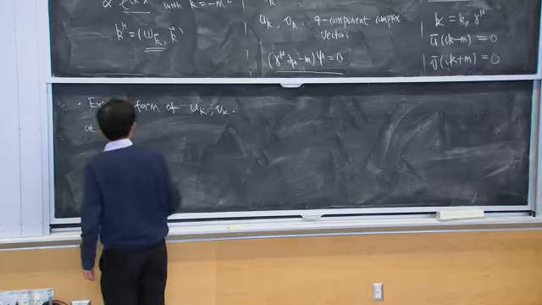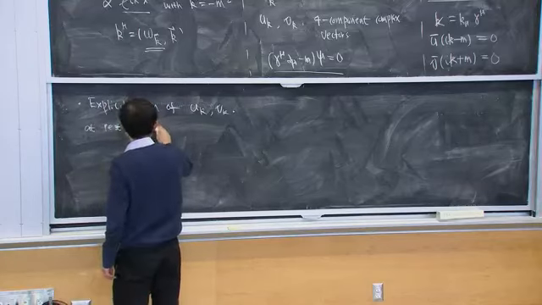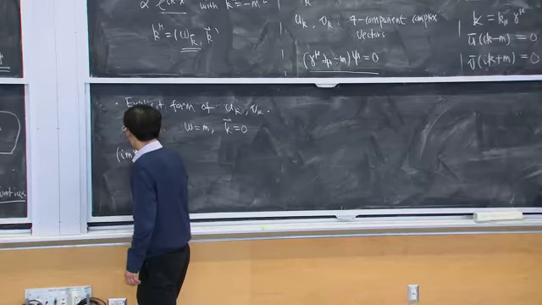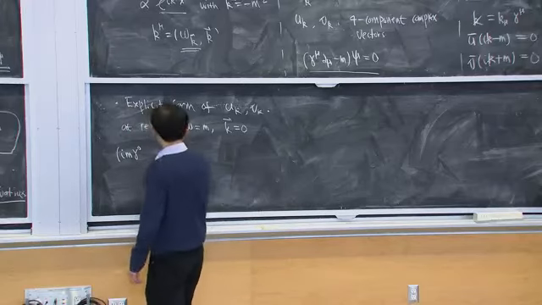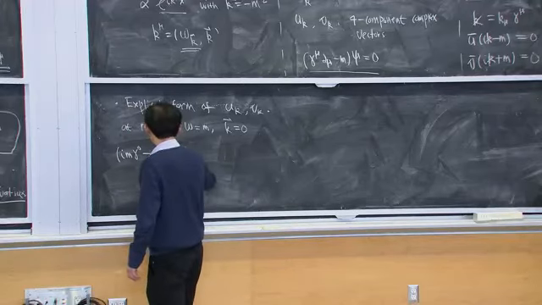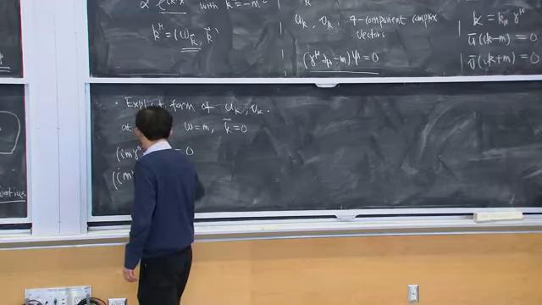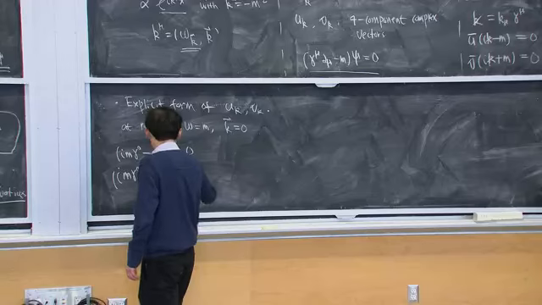When the particle is at rest, then omega is just equal to m, and k equals 0. Then that equation just becomes i m gamma^0 minus m u equal to 0, and i m gamma^0 plus m v equal to 0.